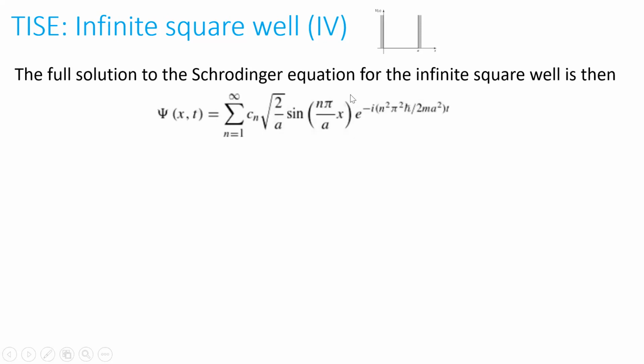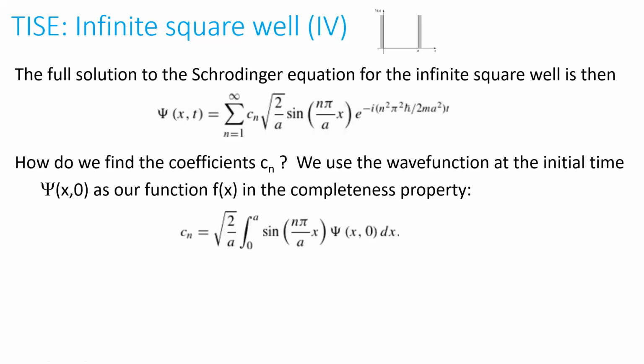This is the little psi n of x, which we solve for the infinite square well. And then this is e to the minus i E t over h bar for that particular energy that we looked at before.